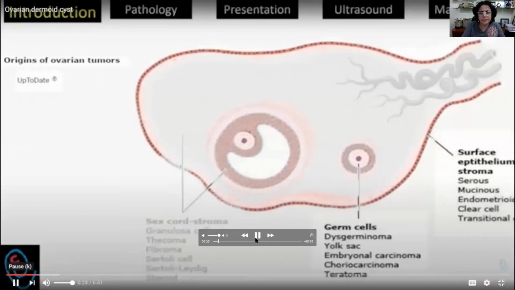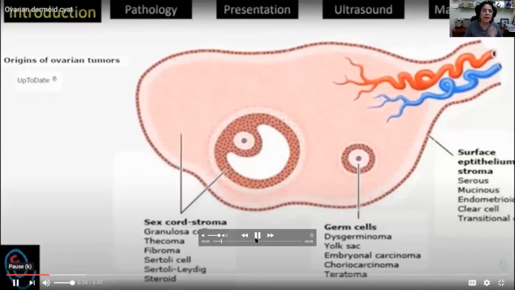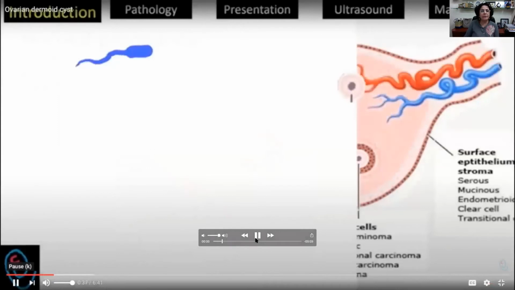From the surface epithelial stroma, there are serous, mucinous, and endometrioid clear cell tumors. From the germ cells, there are dysgerminoma, yolk sac tumor, embryonal carcinoma, choriocarcinoma, and from the sex cord, there are different tumors.